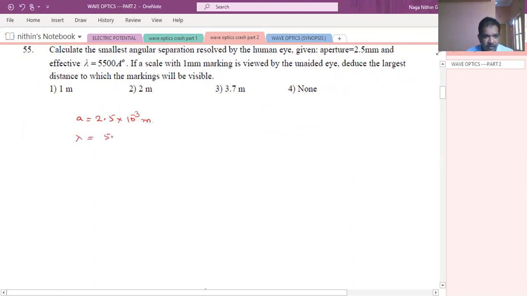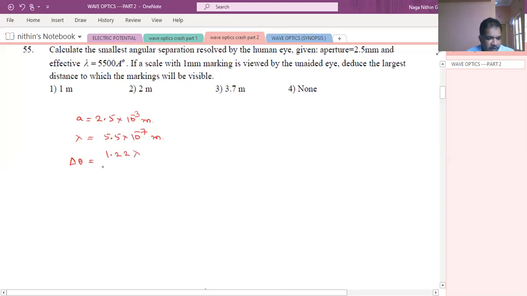Lambda value will be 5,500 into 10 power minus 10, means 5.5 into 10 power minus 7 meter. Okay, 1 millimeter marking I can view. So what is the largest distance that it can view? That is the question.